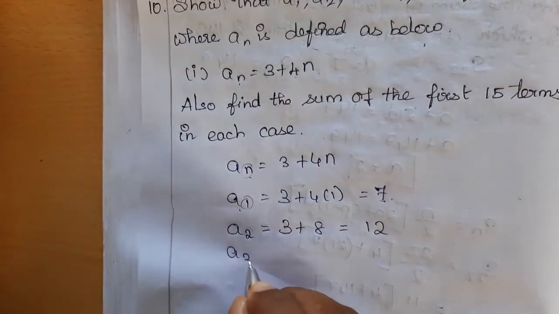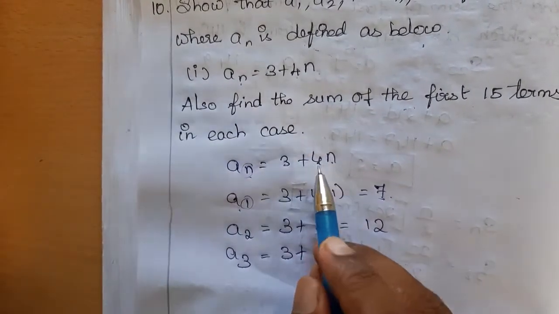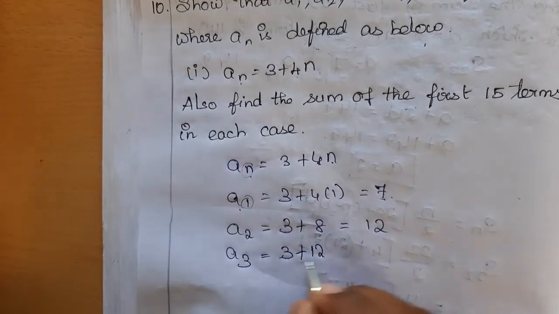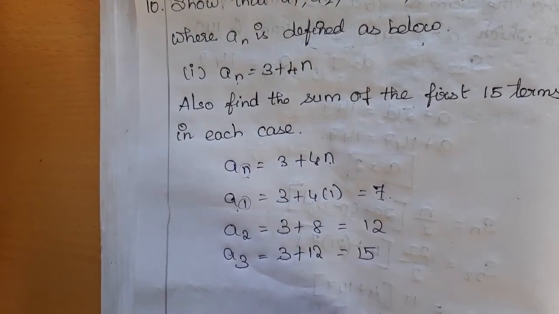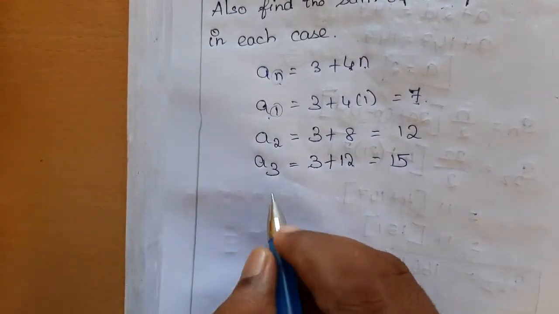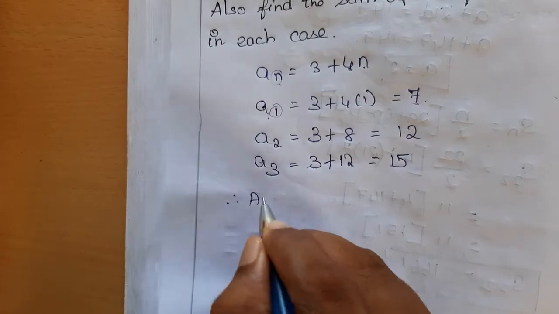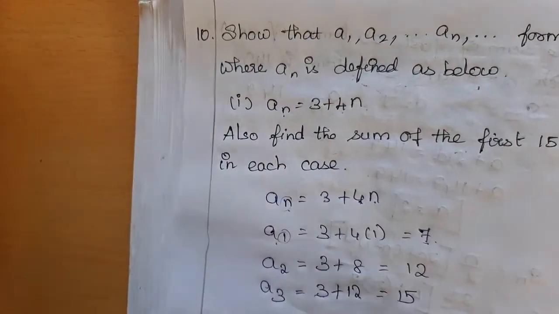Then what about the third term? a3 is equal to 3 plus 4 into 3, 4 threes are 12, so 12 plus 3 is 15. Like that it goes on, right? So is it an AP? Yes, the difference is the same, right? So since they said to show the AP, we have to write the AP.